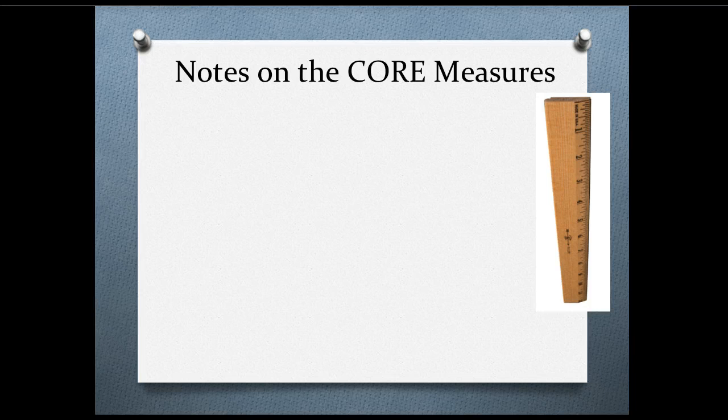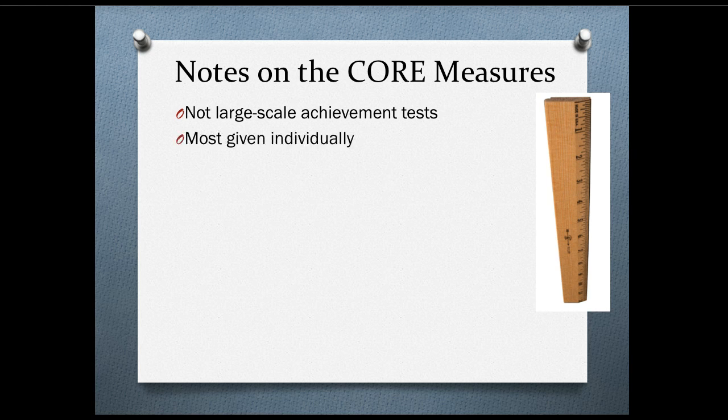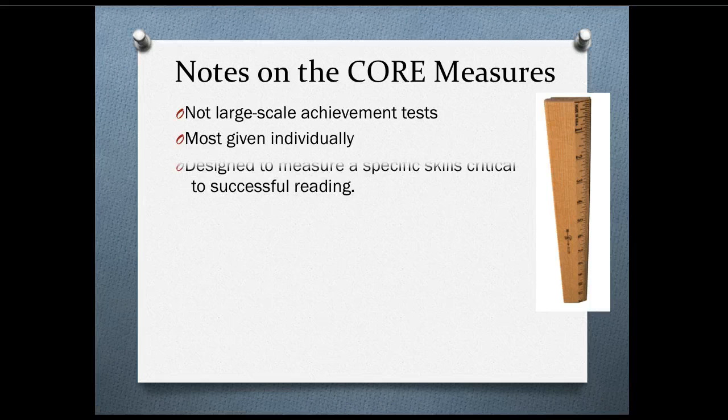So you had to read pages 5 through 15 for week 2's reading, and just some notes on the CORE measures. Not large-scale achievement tests. Most are given individually, so these are some differences from formal assessments.